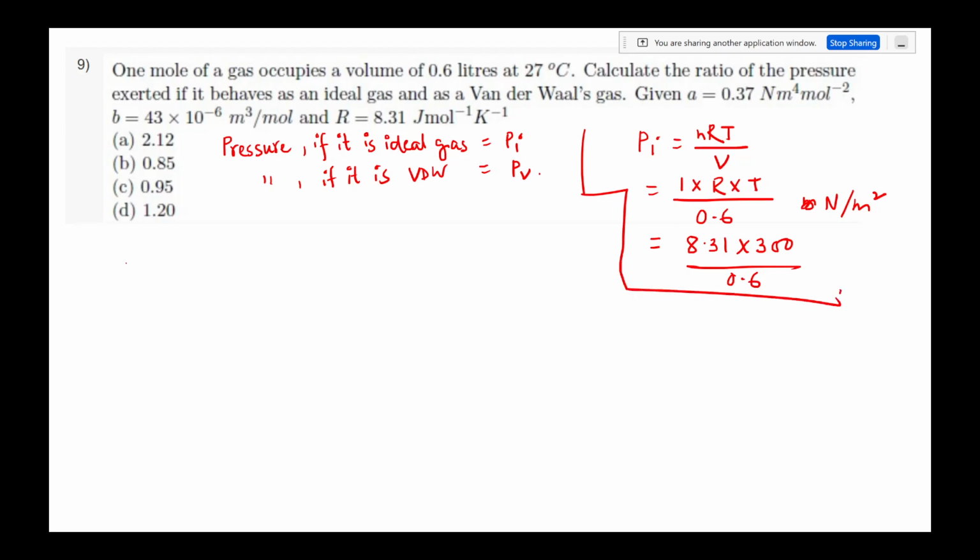Now what is PV? PV is RT by (V minus B) minus A by V square. This is for 1 mole, right? Now put the calculation values here, R, and please tell me the answer.